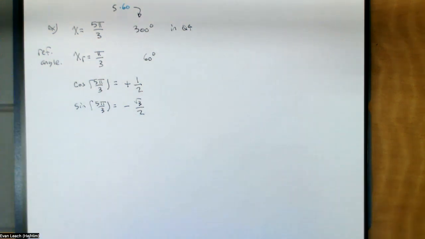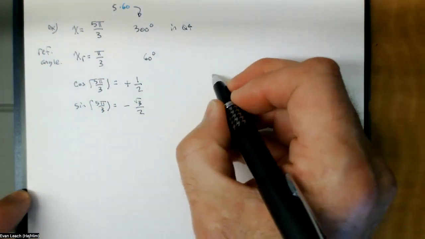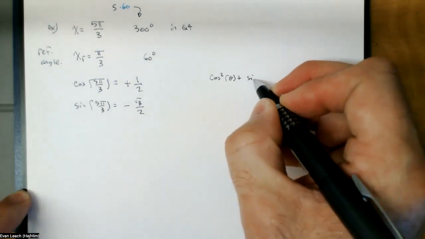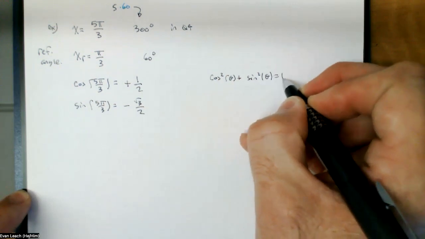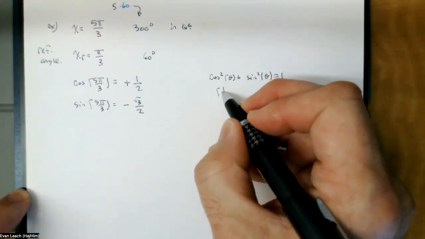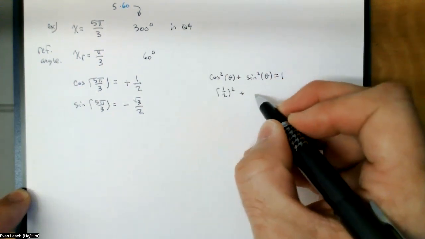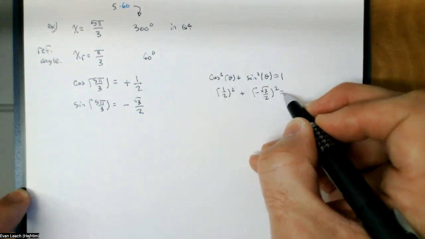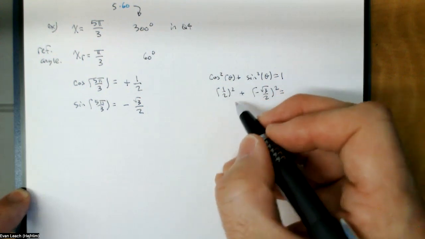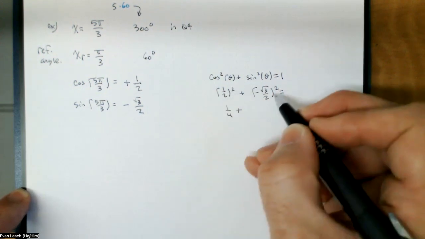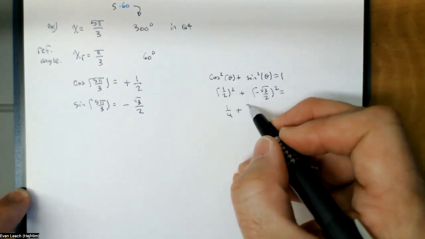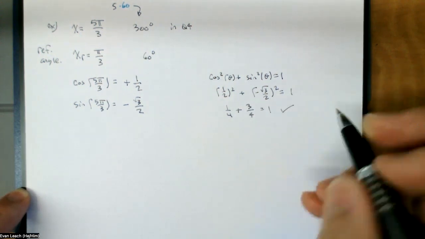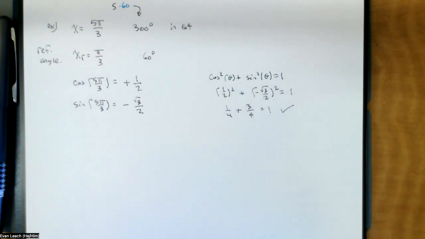And we had just talked about our trig identities. Say cosine squared theta plus sine squared theta is equal to 1. If I take the cosine of 1/2 and then square it, and add that to negative root 3 over 2 squared, we should get 1. Half squared is a fourth. The square root of 3 squared is 3, and the 2 squared is a 4. So that trig identity checks out.